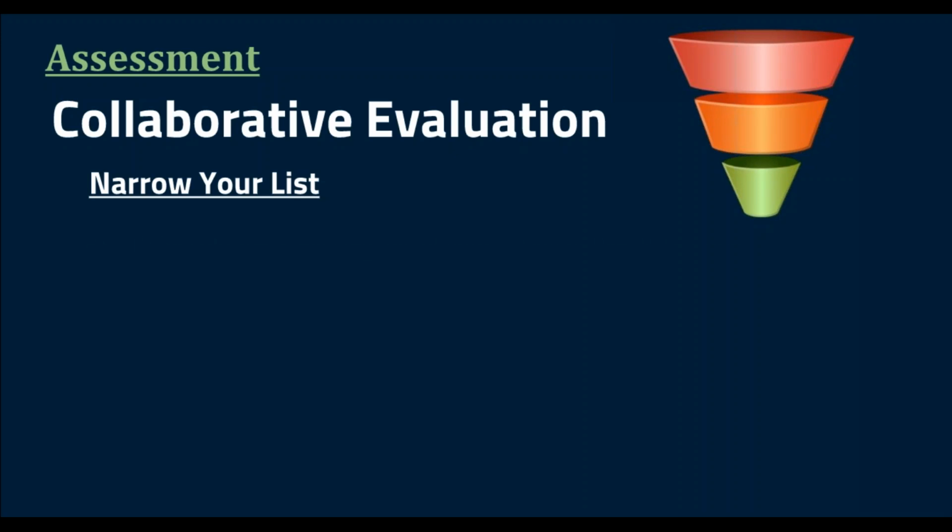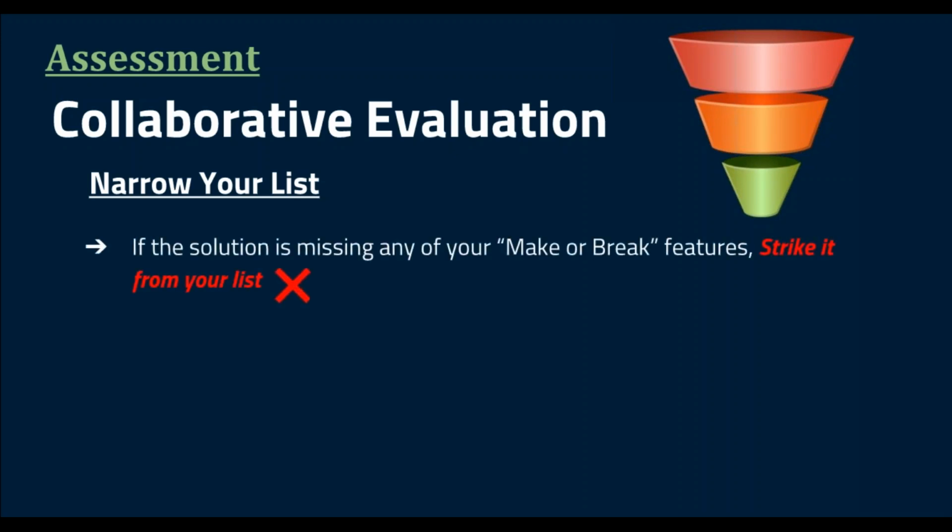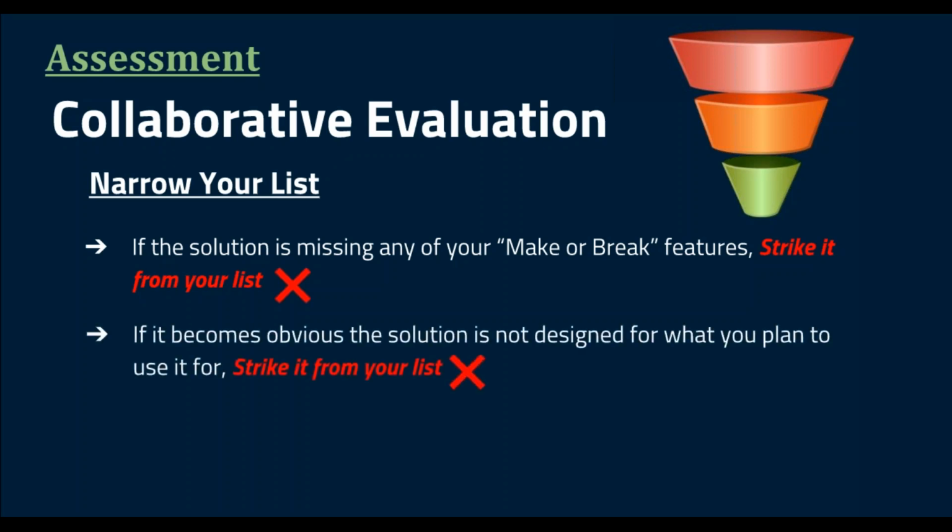Okay, next step in my collaborative evaluation. All of these are the strike-it-from-your-list things. So as you go through, if it's missing any of your make or break features, take it off your list. Even one, you've called this a make or break, so take it off if it doesn't match. If it becomes obvious at any point that it's not designed for what you plan to use it for, strike it off your list.